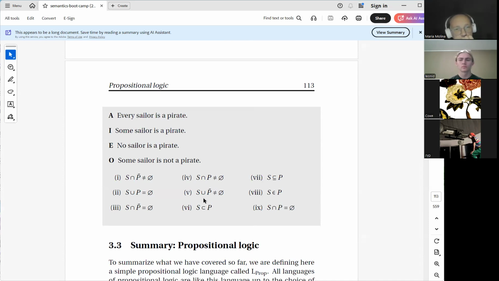Yes, Seva, I think you're correct here. It should be an equivalent.